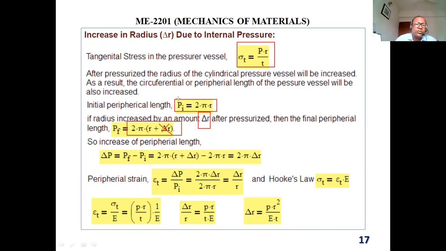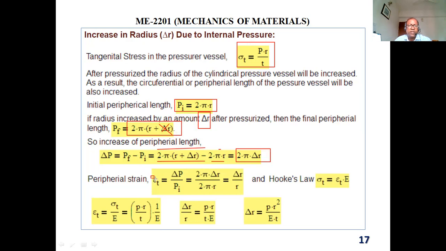Now we'll figure out the change of length. The change in peripheral length, delta P, equals PF minus PI. So this is the PF and this is the PI. So this is the change of length. This is the peripheral length, not the radius, right? So I would like to figure out the peripheral strain. Strain means the change of peripheral length divided by the original length.